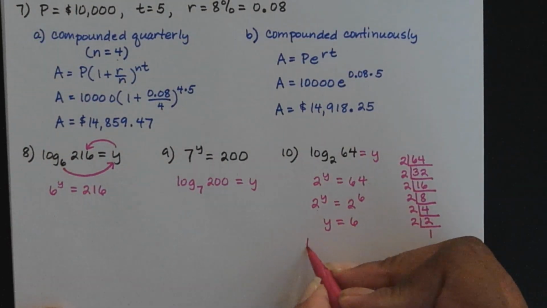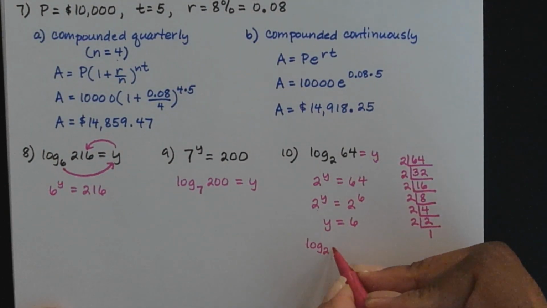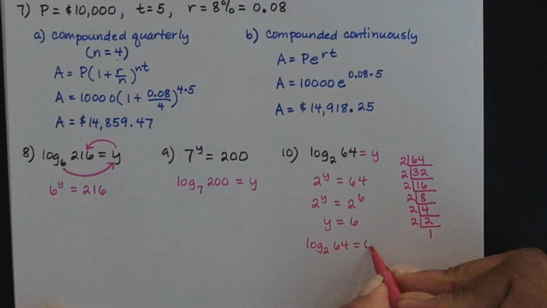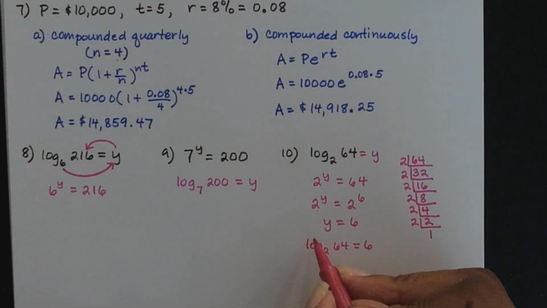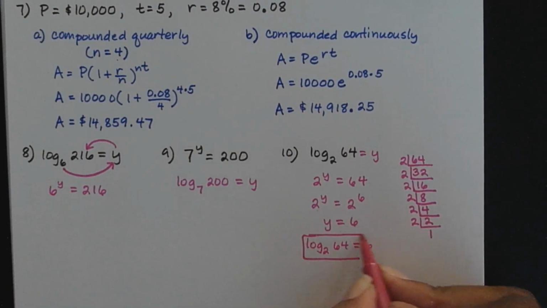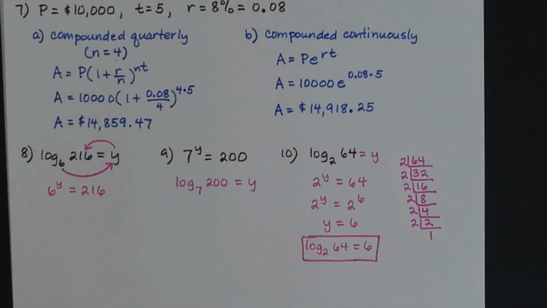So in this case, log to the base 2 of 64 is equal to 6. Are there any questions about problem number 10? I'll go ahead and box this in.